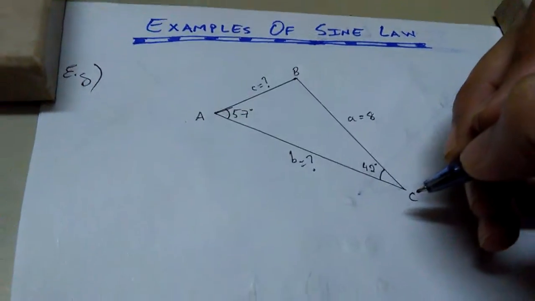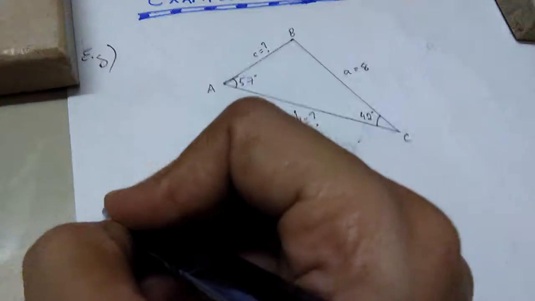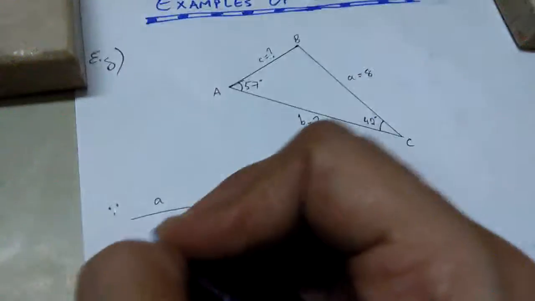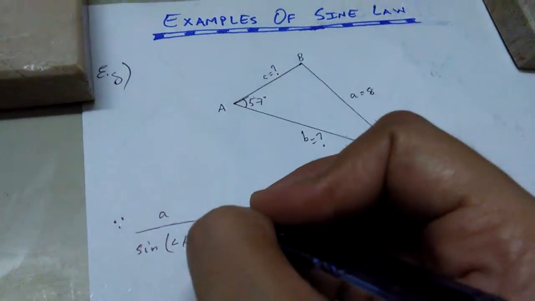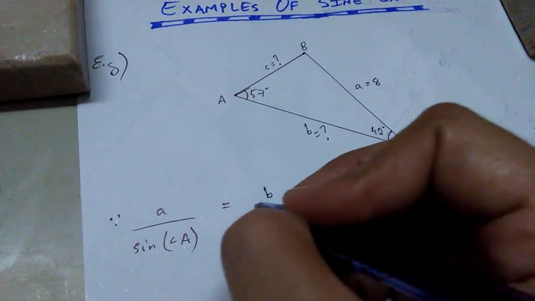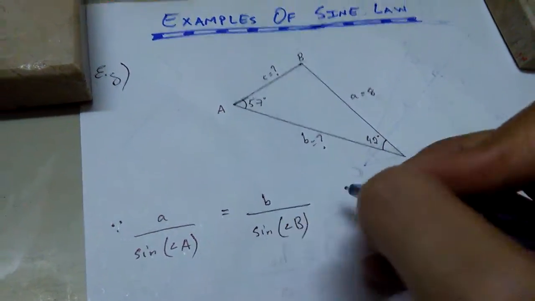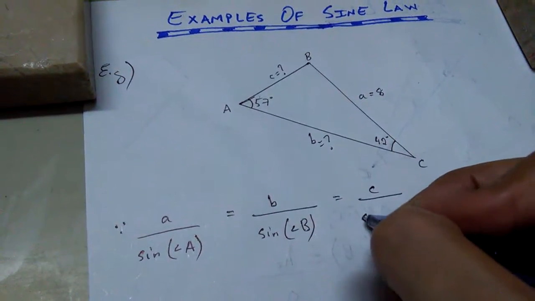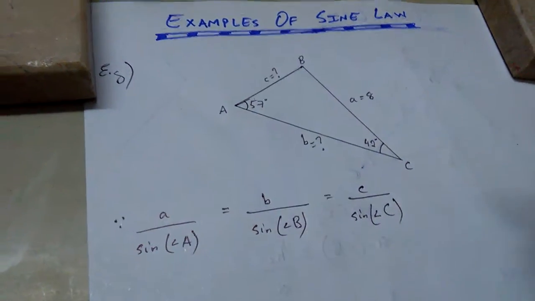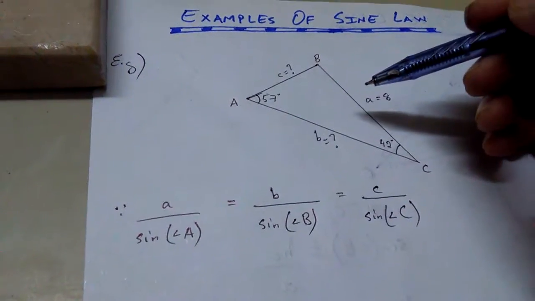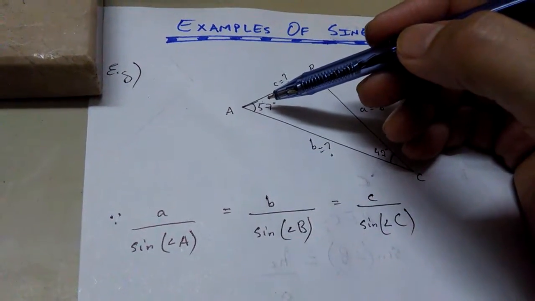So how are we going to solve this? Let us take the reference of the sine law, as we have discussed already in the previous video dealing with the derivation. First of all, examine what is provided here.